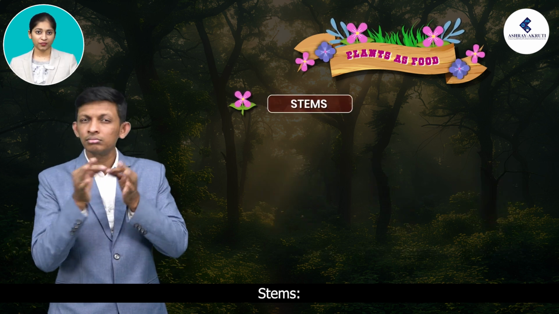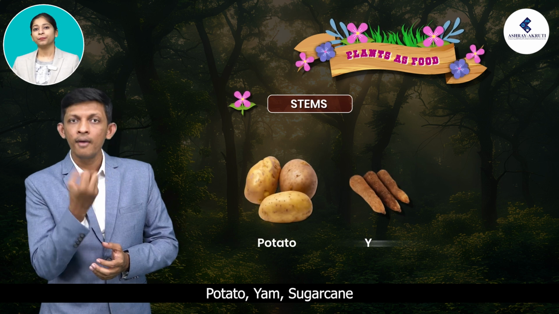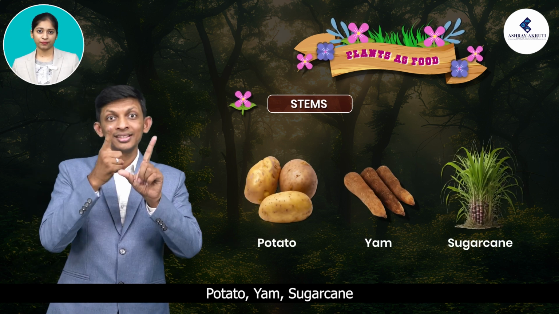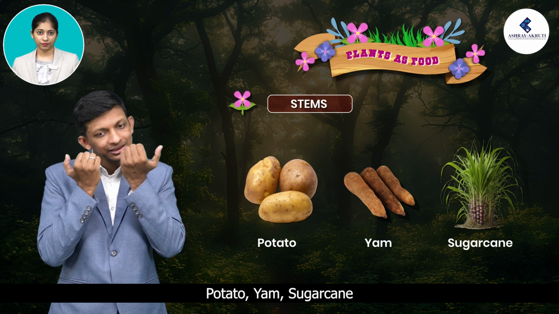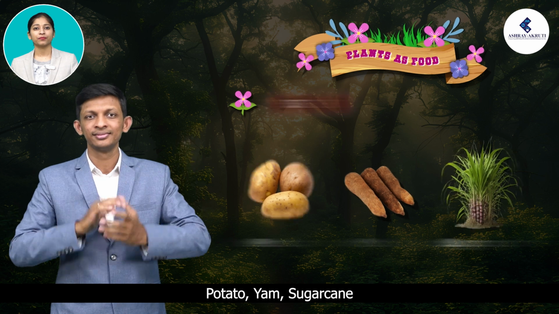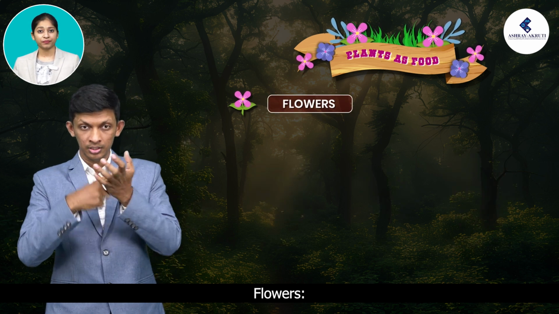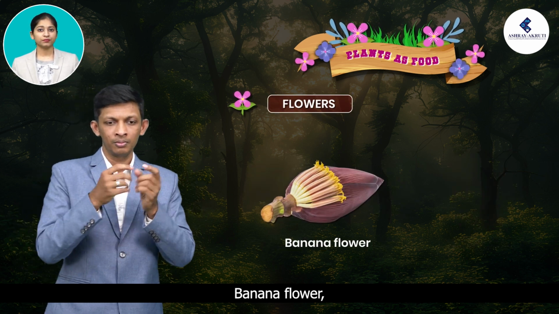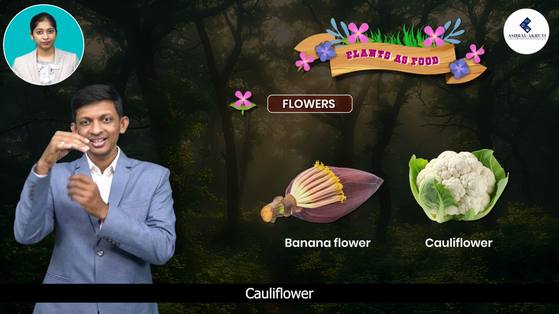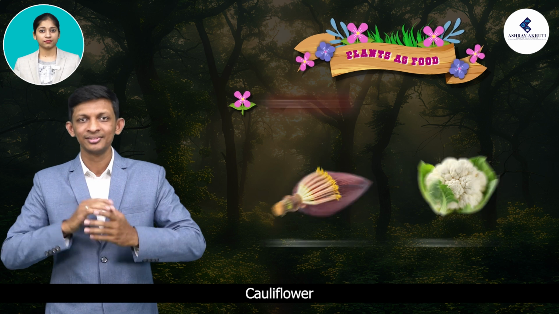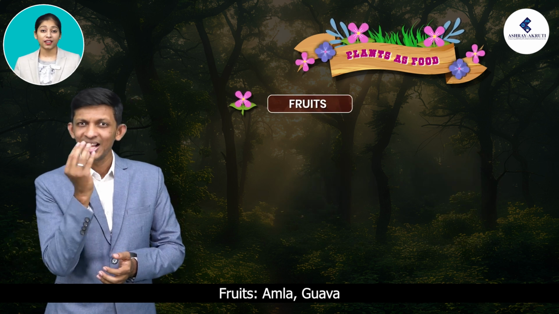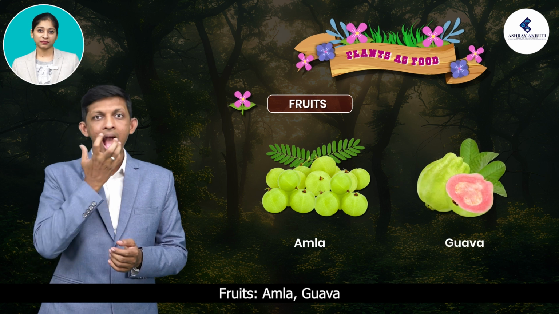Stems: potato, yam, sugarcane. Flowers: banana flower, cauliflower. Fruits: amla, guava.